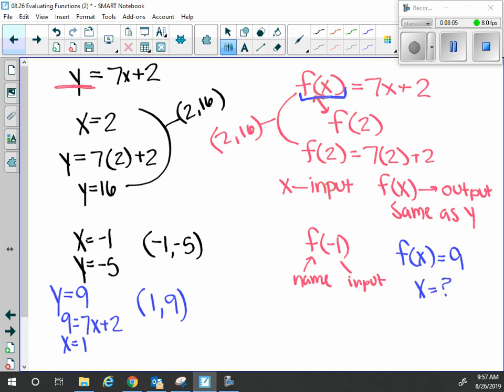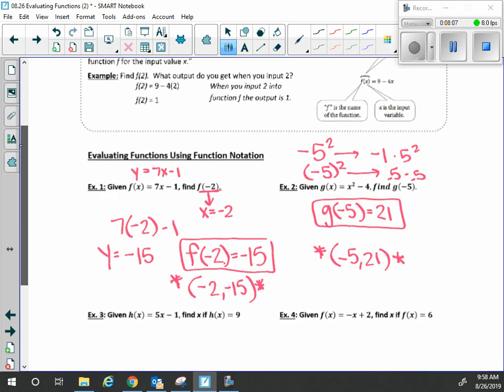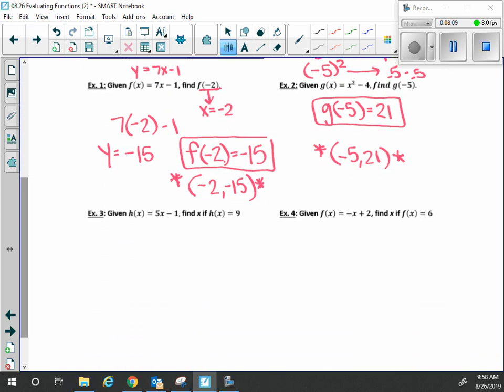Okay? So let's go back to our notes and scroll down to that bottom half. It says, given h of x equals 5x minus 1, find x if h of x equals 9. So this is basically saying y equals 9. My output is 9. So when I look back at my function, h of x equals 5x minus 1, what am I going to do to solve that?